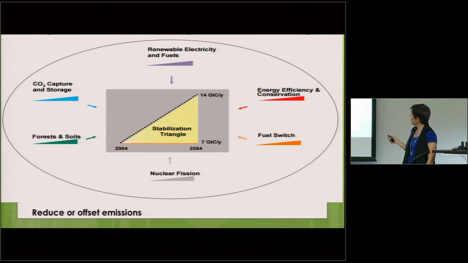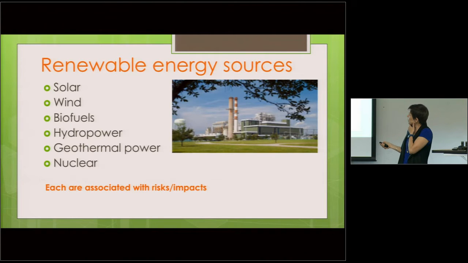We could maybe do a wedge by being more efficient and conserving energy, we might be able to do wedges by sequestering carbon, or we might be able to do some wedges by using some alternative fuels to reduce or offset emissions. So I'm going to go through some of these energy sources because each of them has costs and benefits.